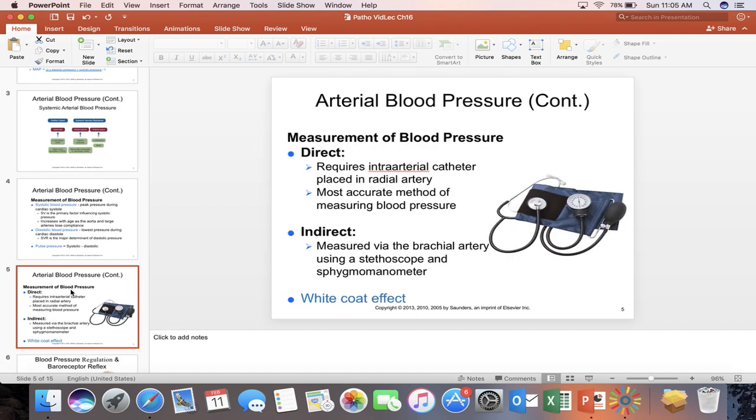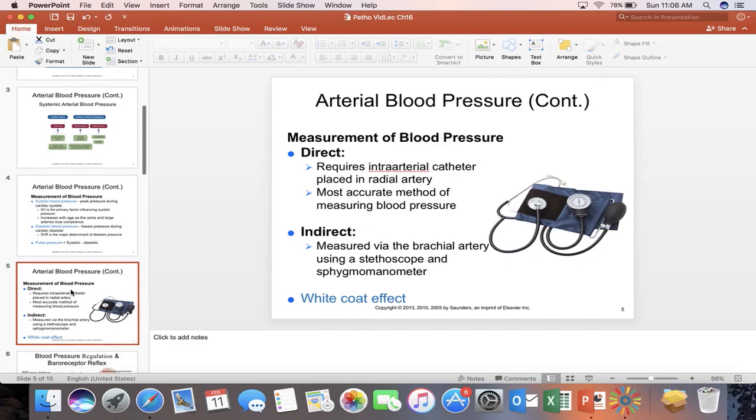Measurement of blood pressure is taken in two different ways. One is called the direct, and the second is the indirect. The direct method is much more invasive, which requires an intra-arterial catheter placed in the radial artery, and that is the most accurate method of measuring blood pressure.